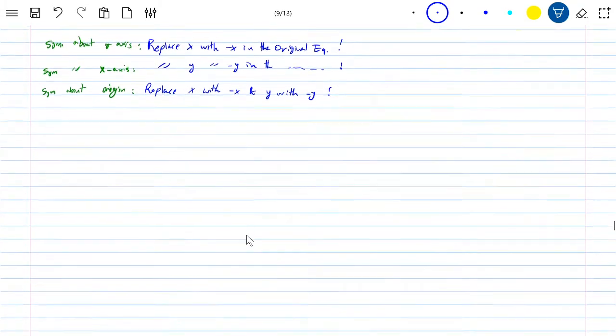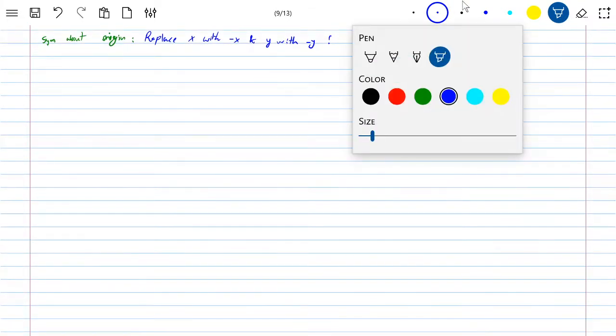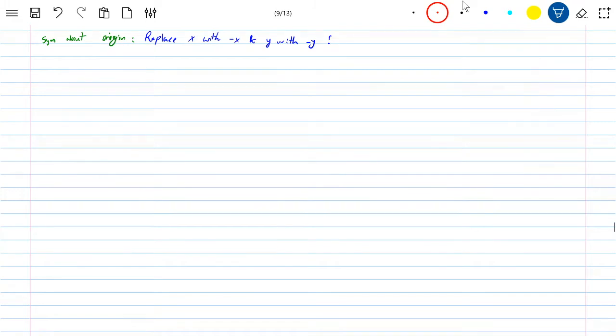Here, let's do a couple of examples. Maybe do examples of each. Example: y minus x squared equals 2. Let's say you're given this equation and they ask you to check for symmetry.